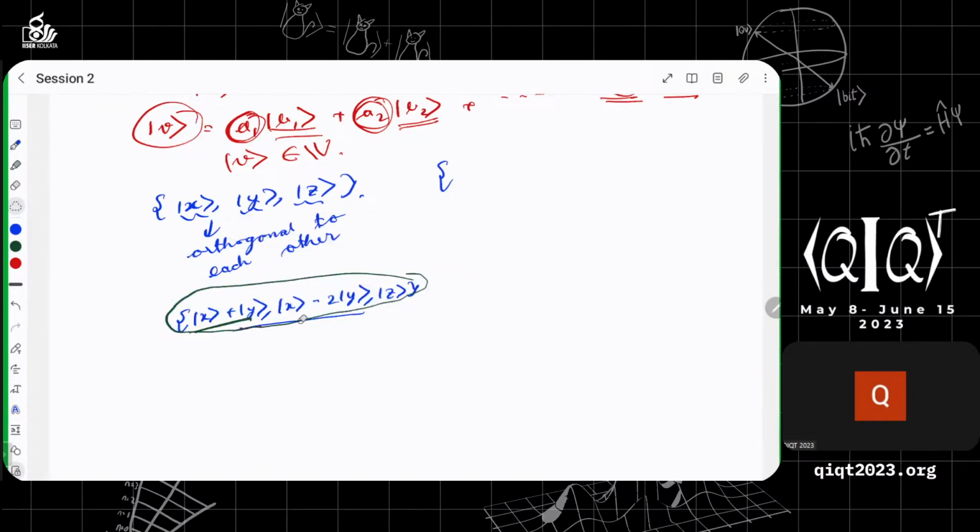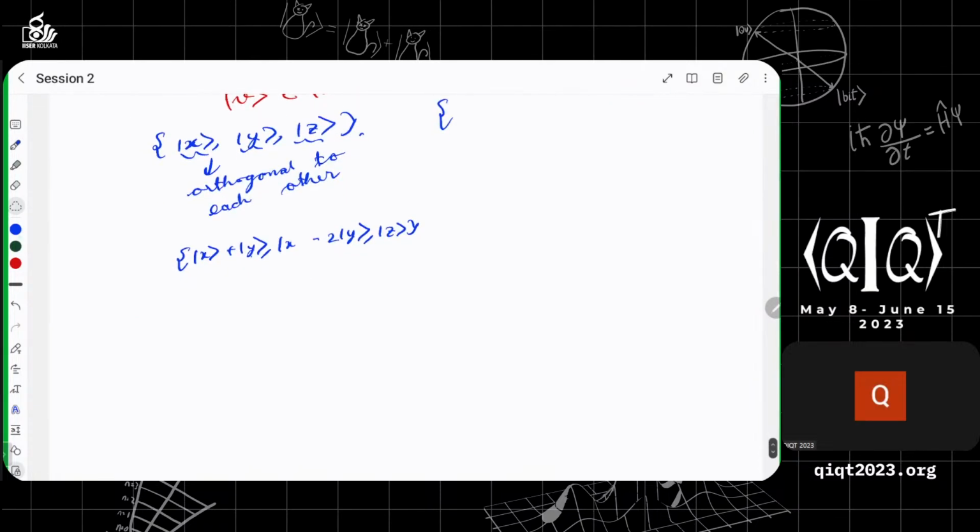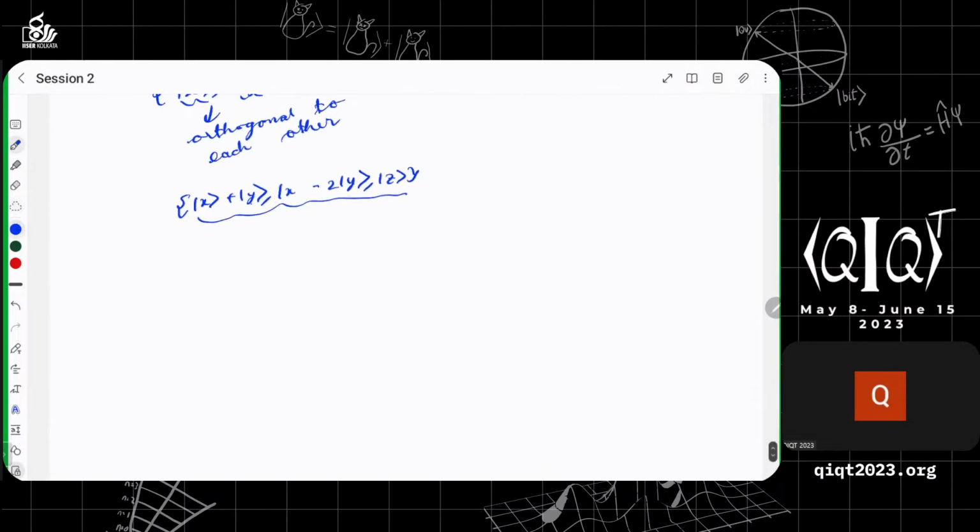If we consider this basis, then are all the elements orthogonal to each other? Let's check that.